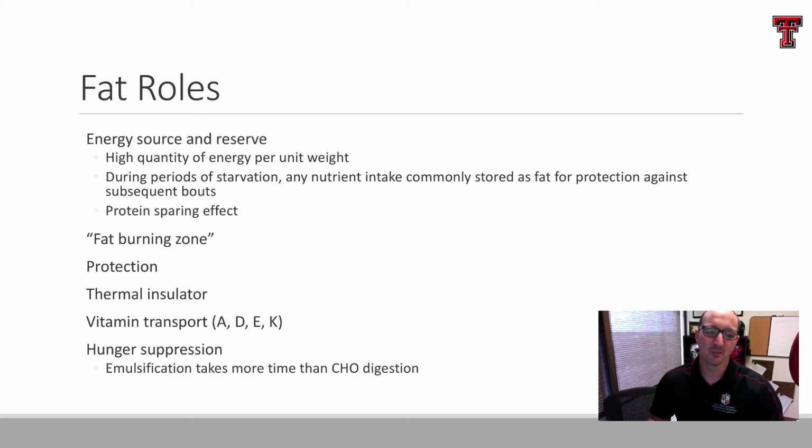And fats also serve an important role in hunger suppression. So that feeling of satiety where we're satisfied following a meal. We know that emulsifying fats is a structural process, not just a chemical process, and that emulsification takes longer time than does carbohydrate. So we tend to have feelings of satisfaction that last longer if we've got a diet that includes some fat.